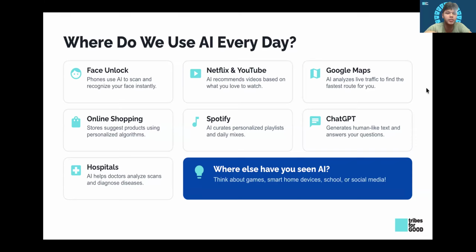Previously, what used to take doctors more time is now done in a few seconds by AI. It's going to be in a computer, and the computer will tell that that person has, maybe, cancer or some other disease.